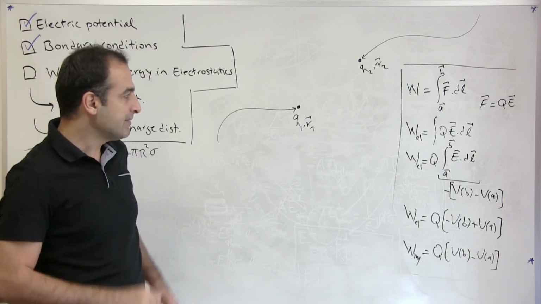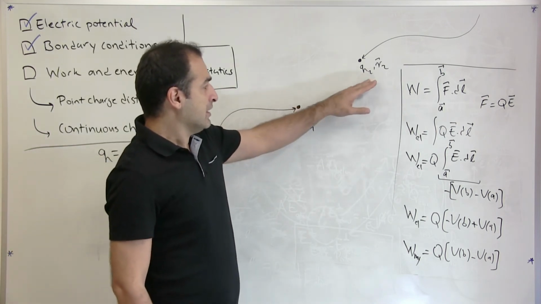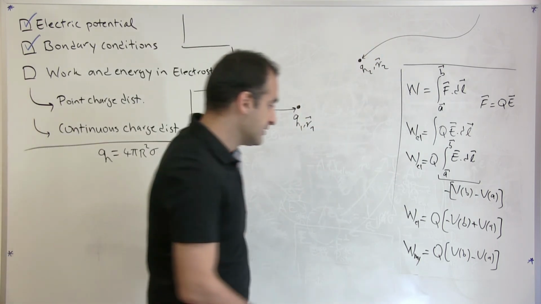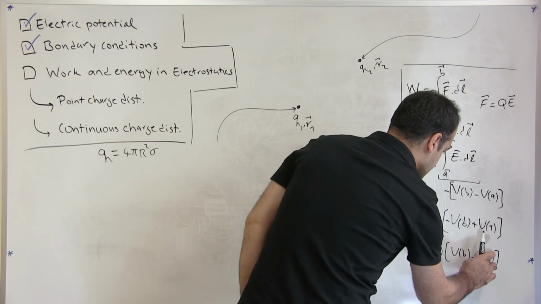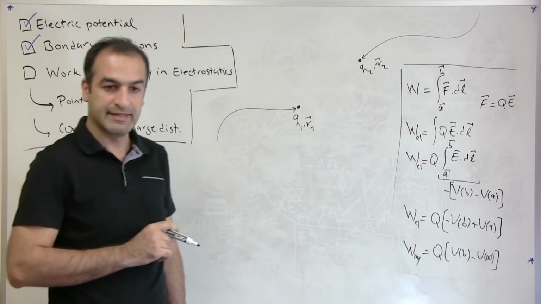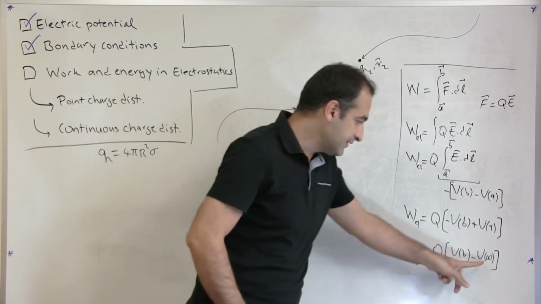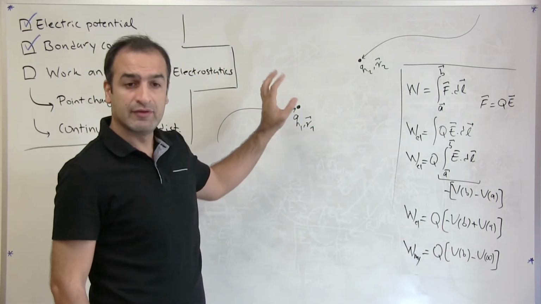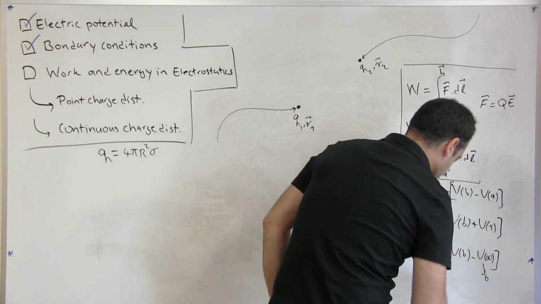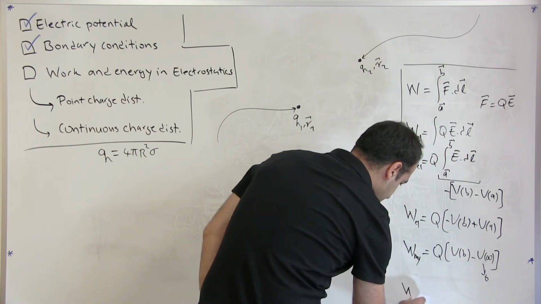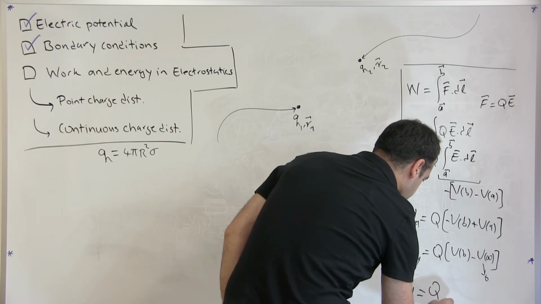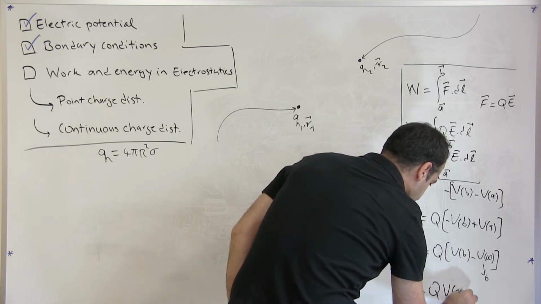Now imagine you bring the particle from infinity to this point. The VA here is going to be V of infinity, and a lot of times, especially when we have a localized charge distribution, we assume V infinity is zero. So the work needed to bring the second charge from infinity to this point is going to be Q times V(R).